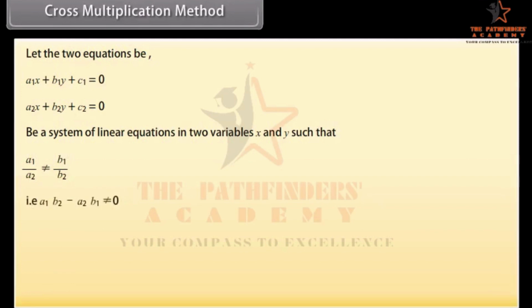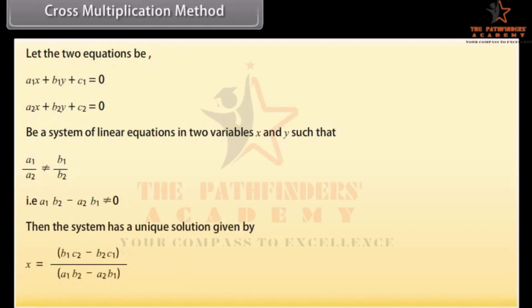That is, a1 b2 minus a2 b1 is not equal to 0. Then the system has a unique solution given by x is equal to b1 c2 minus b2 c1 whole upon a1 b2 minus a2 b1 and y is equal to c1 a2 minus c2 a1 whole upon a1 b2 minus a2 b1.